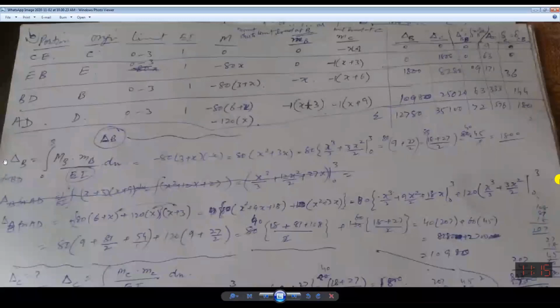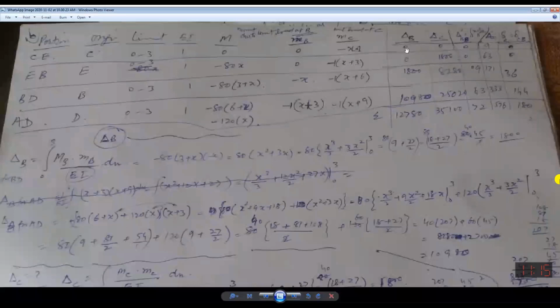And if it is due to unit load, then this will be converted into small m. So for delta B, it will be MB into MB. What does it mean? It will be multiplied with this one. So for delta B, multiply these two values. For delta C, you multiply this with this one.